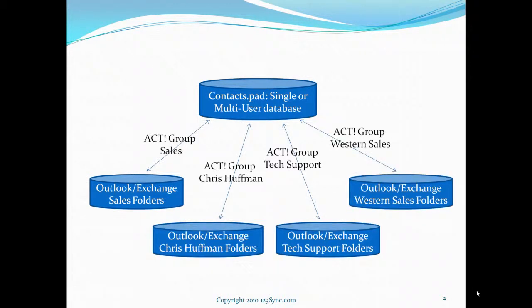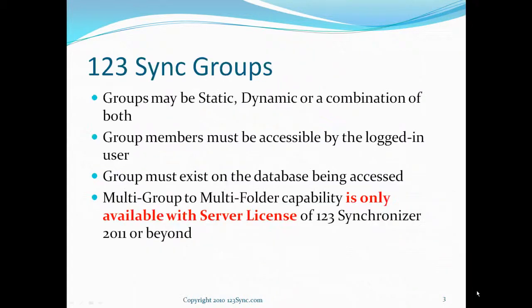So how do we do that? In this demonstration, we'll show you how to do it. First of all, the groups can be static or dynamic or a combination of both, which is part of the group definition in ACT. The group members have to be accessible by the logged in user.